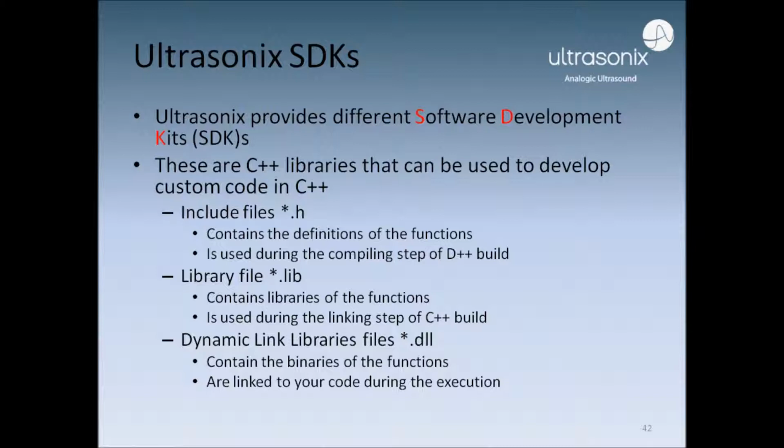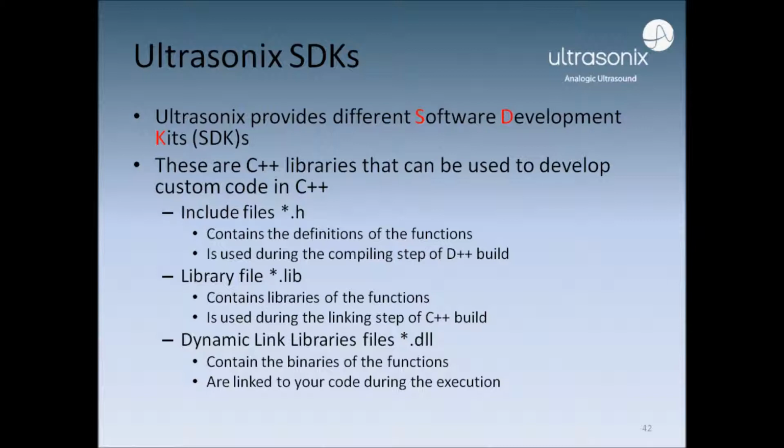The library files are used during the linking step of the C++ build process to ensure that the final executable file knows where to look for the binaries for all the functions it uses from the SDKs. The .lib files for each SDK can be located inside a folder called lib under each SDK's own directory.